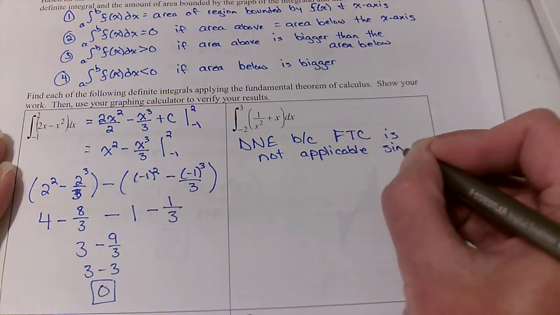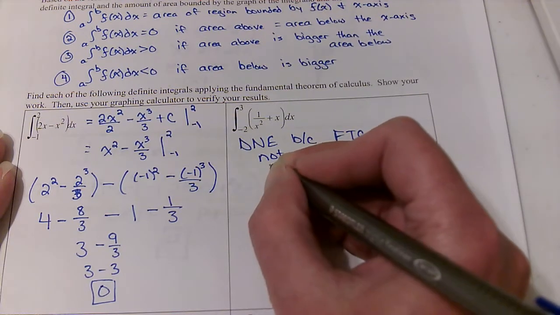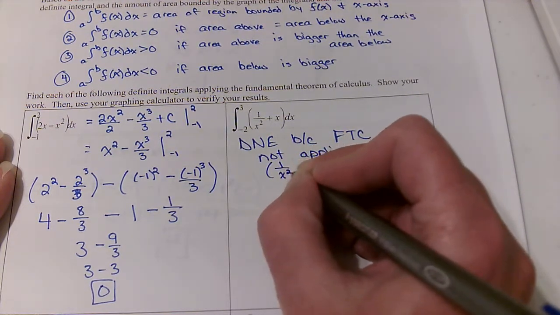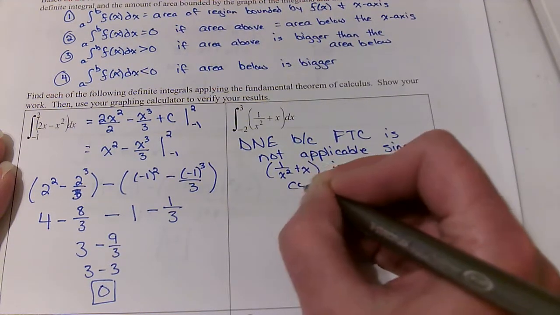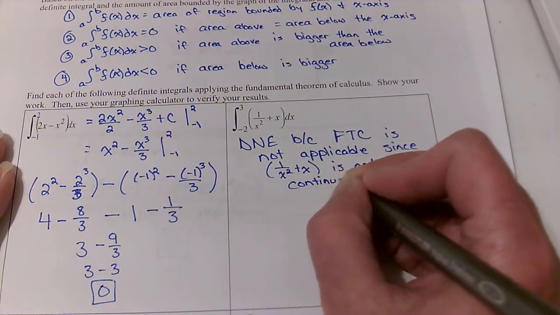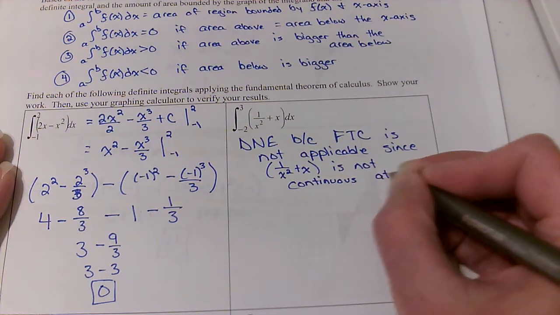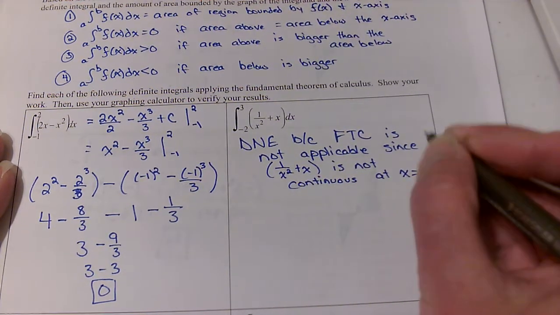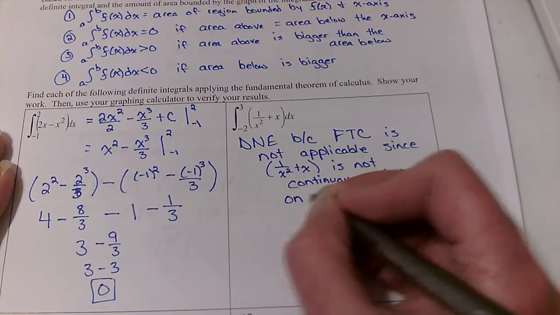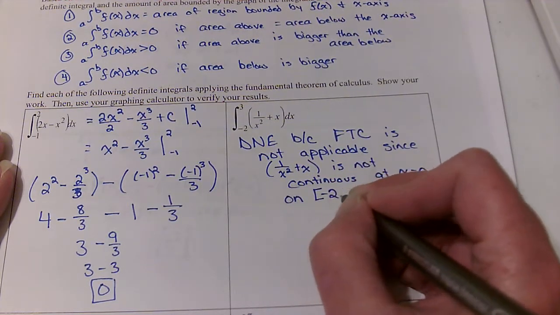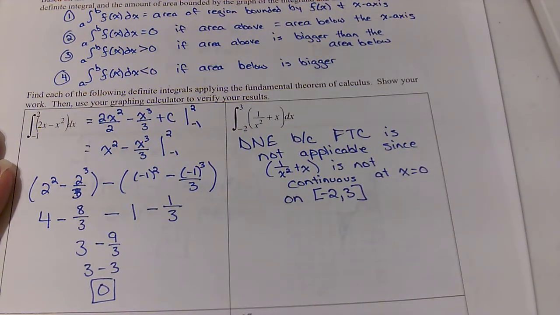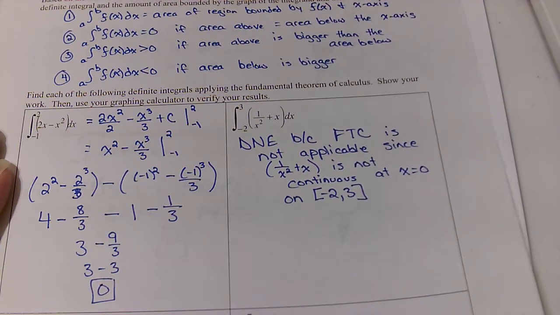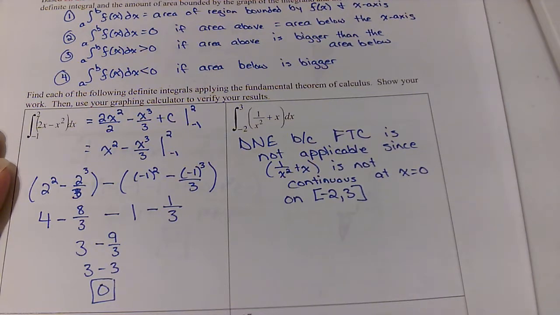Since it is not continuous at x equals 0, which is on the interval from -2 to 3, we would have an asymptote there, which means our area wouldn't be possible to be found.